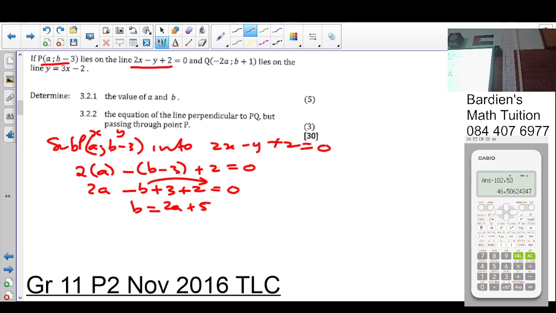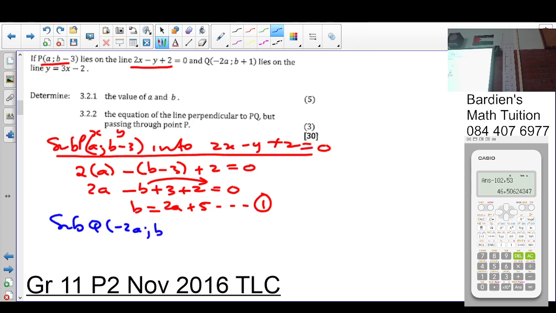And this is, of course, equation 1. Then what I'm going to do is substitute point Q, which is negative 2a and b plus 1, into the equation on which it is lying, which is y is equal to 3x minus 2.